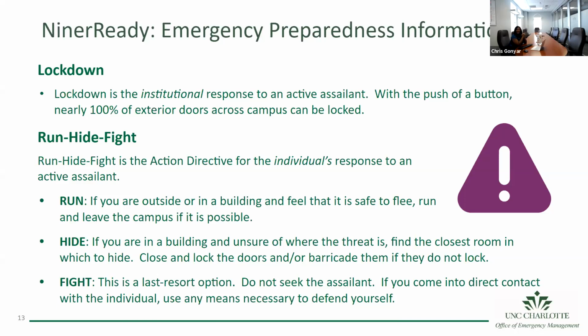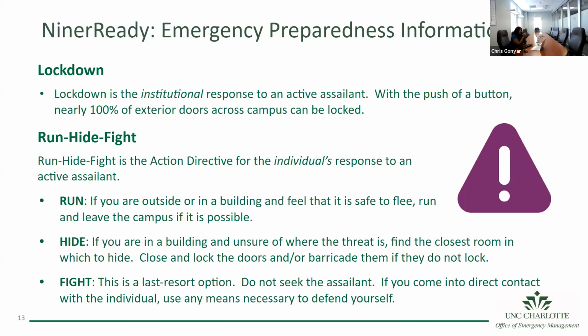And another question we get is, if I'm in a lockdown and I'm outside and the buildings are locked, I can't get in, what should I do? You know, I really want to get in so I can shelter. Well, that goes into our individual response, which is run, hide, fight. That's what you're going to do during an active assailant situation.